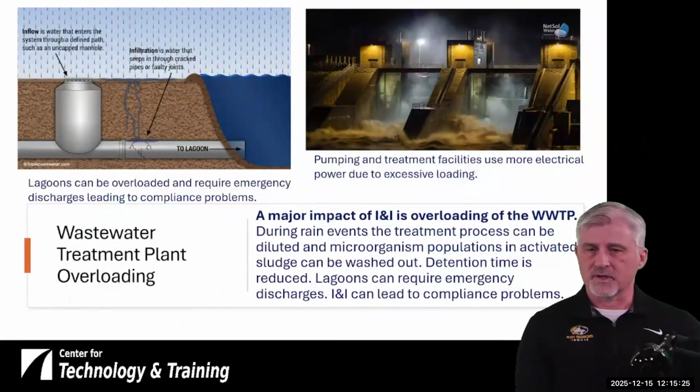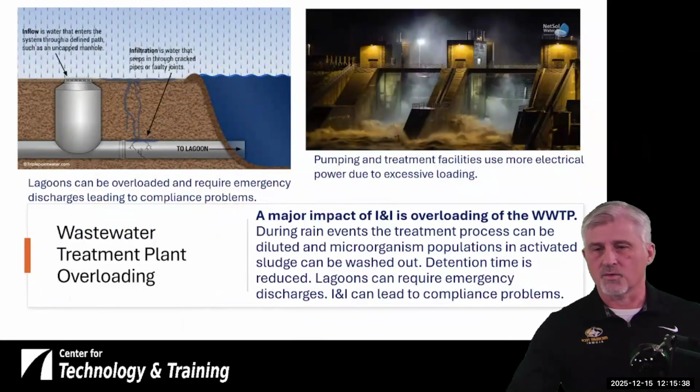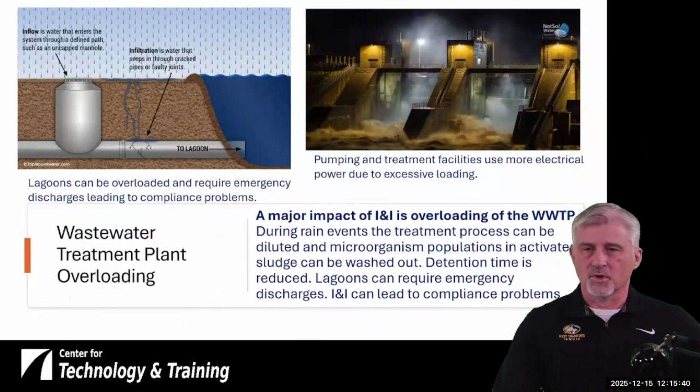We've also got infiltration from those cracks in the pipe, and then that's going out to the lagoon. And when we put that much extra water to the lagoon, we end up overloading it, and quite often that results in emergency discharges. And that can cause us some compliance issues.